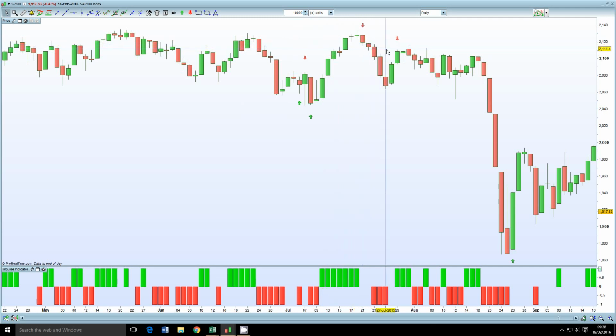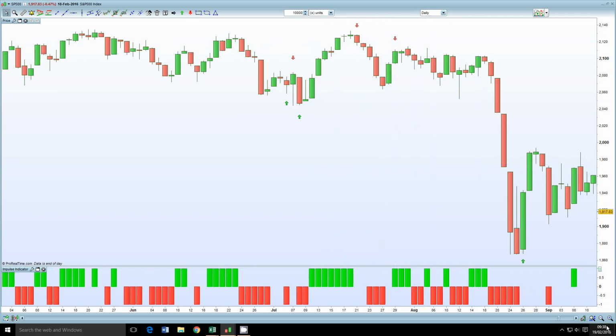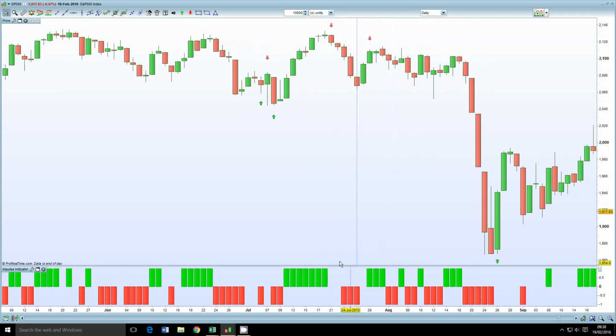Okay, so we can go along here and we have an example of a short trade. You see we've got a zero positive impulse here. We've got a positive impulse and we have a nice price that coincidentally in this case coincides very closely with the highest price we're going to see for a good period of time, and we're following it downwards here.